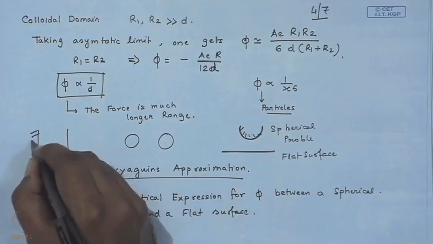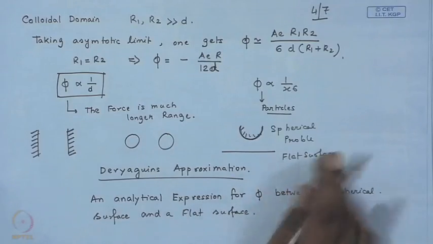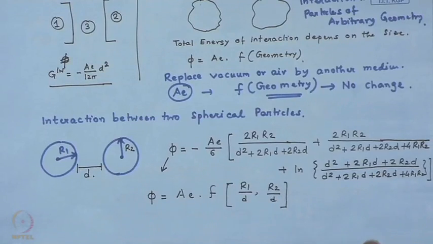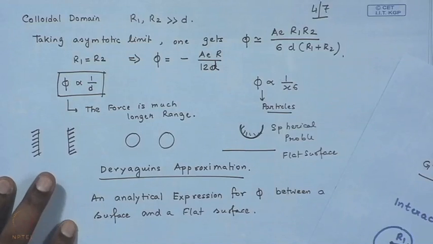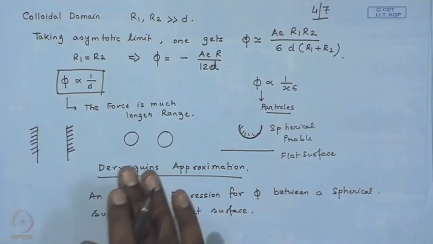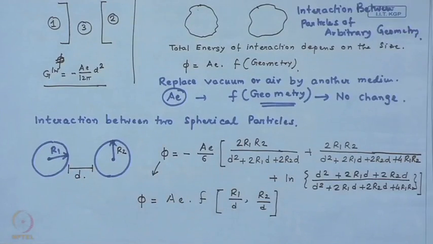Because we have expressions for interaction between two flat surfaces and we have interactions available. We did not do the detailed derivation, it does not really matter, but it is important for you to understand what are the expressions that already exist. We have the expression of interaction between two flat surfaces, and we have the expression of the potential for interaction between two spherical surfaces.